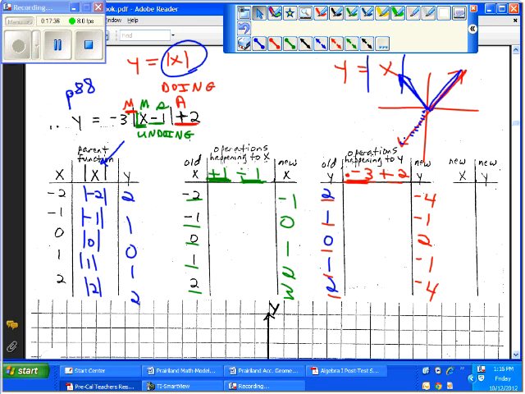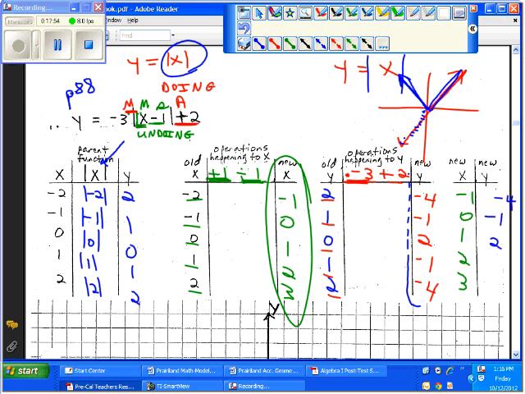So my new x's are here. Negative 1, 0, 1, 2, 3. My new y's are here. Negative 4, negative 1, 2, negative 1, negative 4.